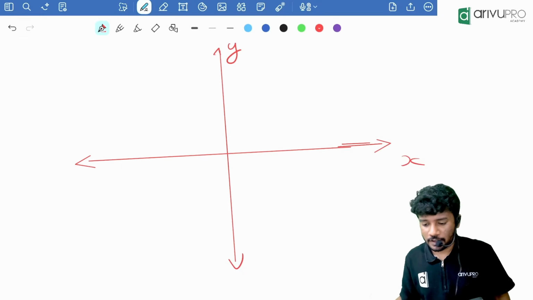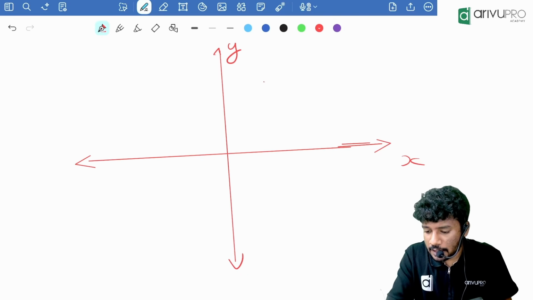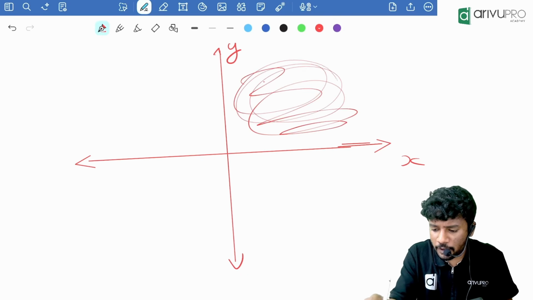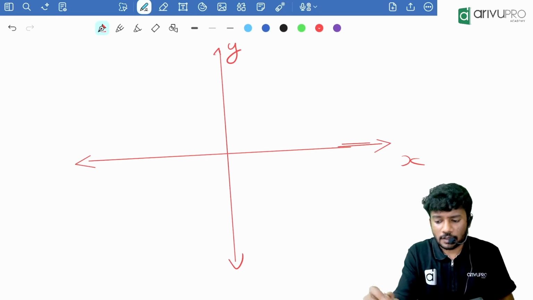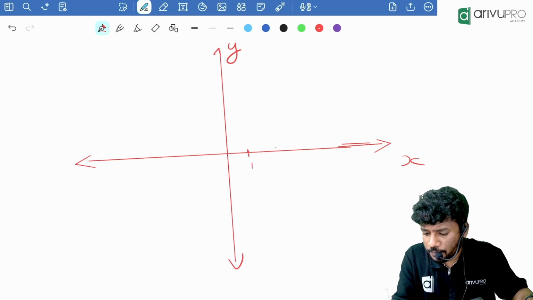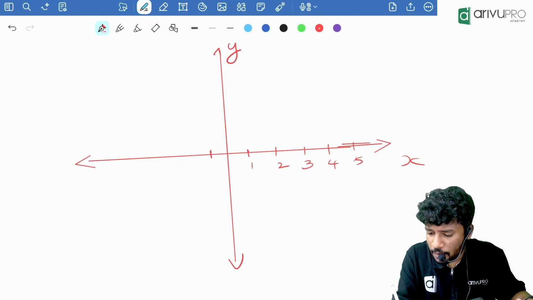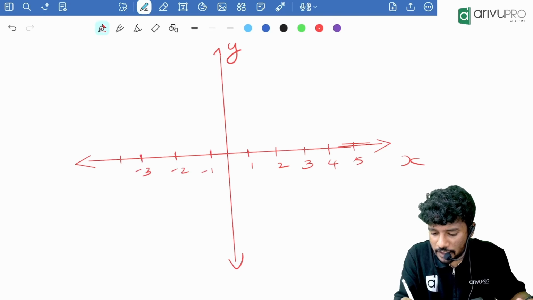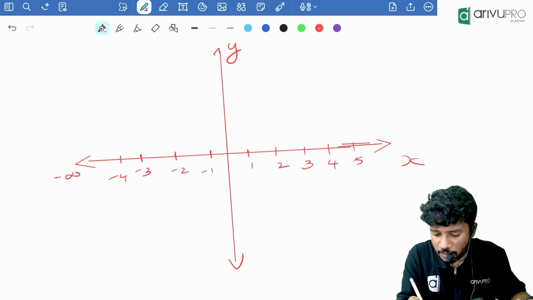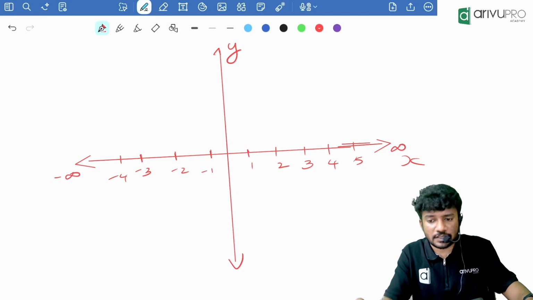Now, here in this particular area, will it be positive or negative? So x value will be 1, 2, 3, 4, 5. The number line is like this. Minus 1, minus 2, minus 3, minus 4, etc., minus infinity, and plus infinity.